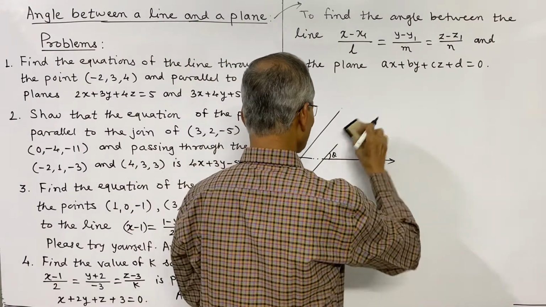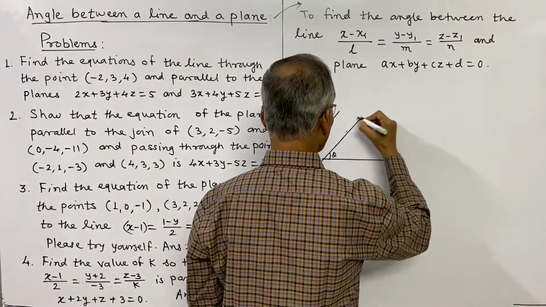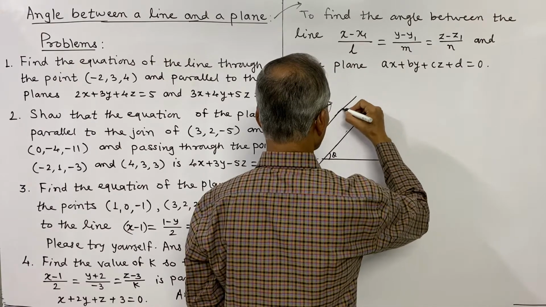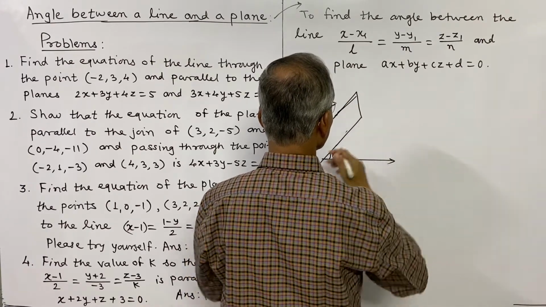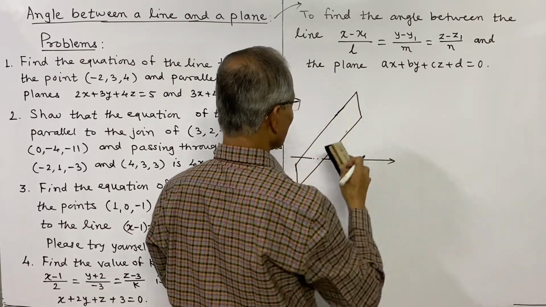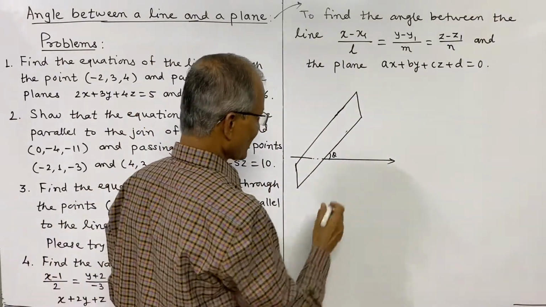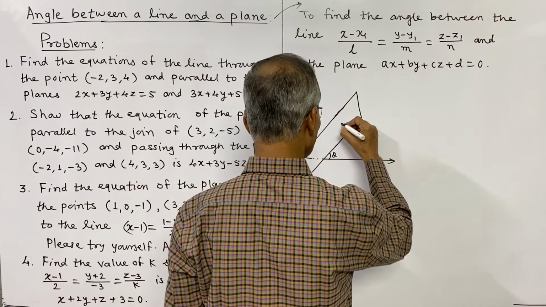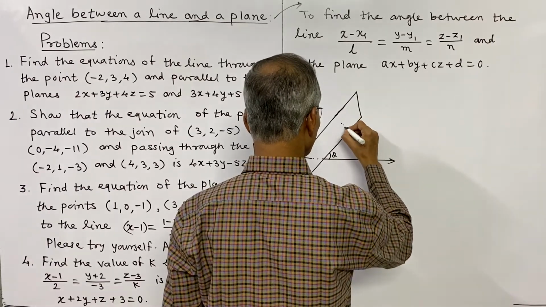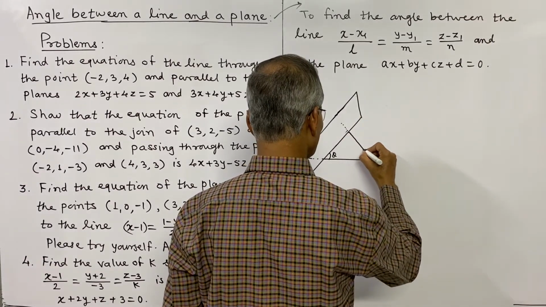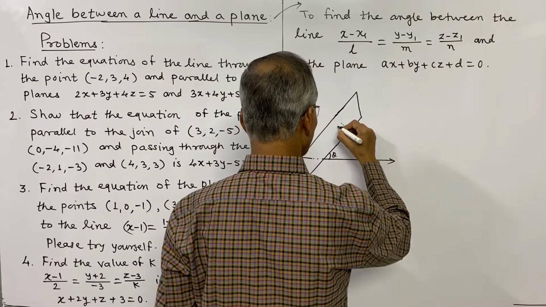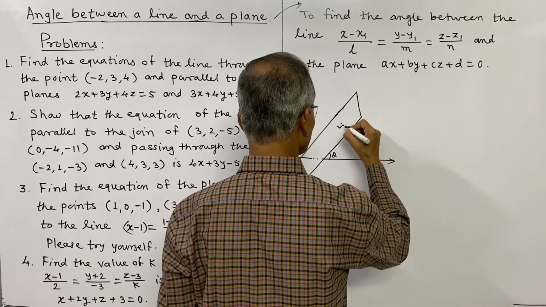So I shall extend this little bit. Now what we shall do is we shall consider a normal to this plane, and that normal to the plane may be taken at any point. Suppose this is a perpendicular line. This line is perpendicular passing through this point.